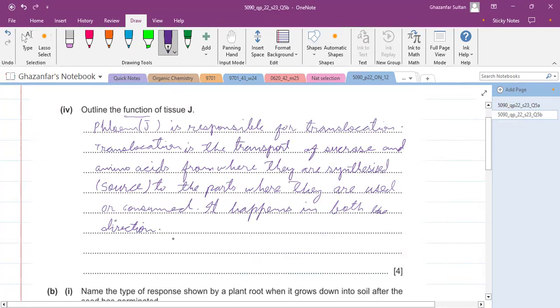So here one point is for naming the process of translocation. Another point is for explaining what is translocation, that is, source to the sink. So these are the important terminologies that we should use here: source and the sink. And mention amino acid and sucrose which are being transported, and also mention that this is a bidirectional process.